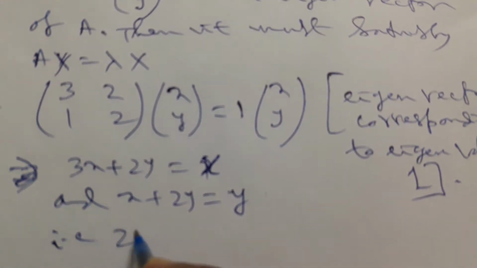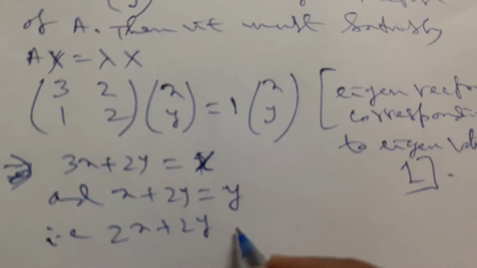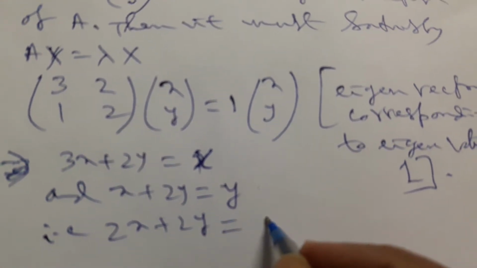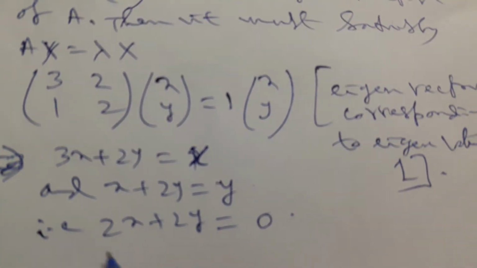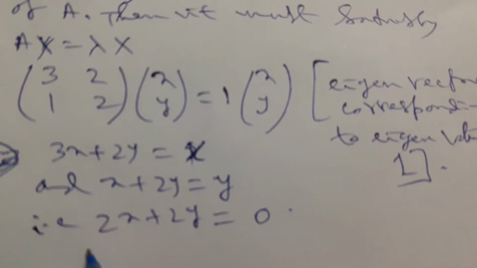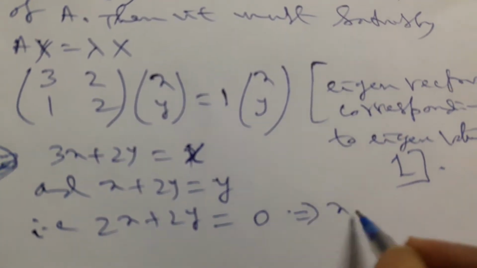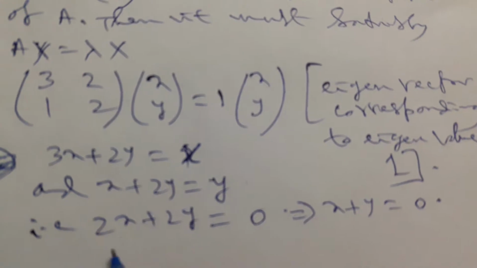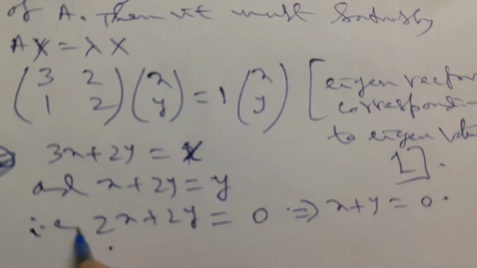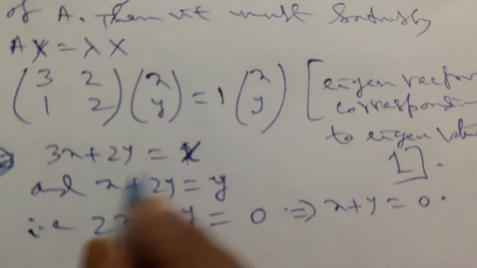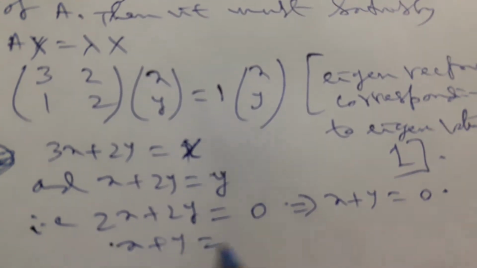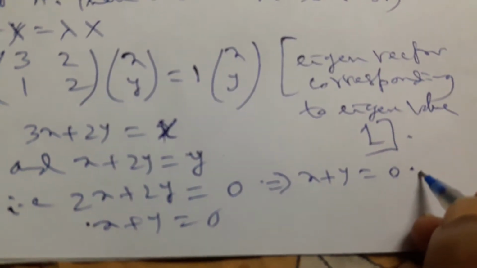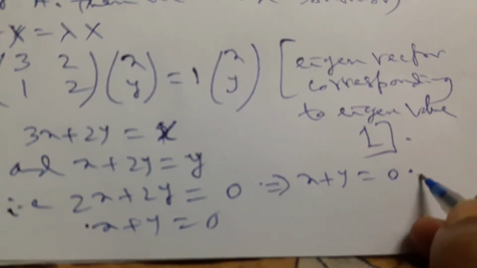That is 2x plus 2y equals 0, which indicates x plus y equals 0, and from the second equation also x plus y equals 0.